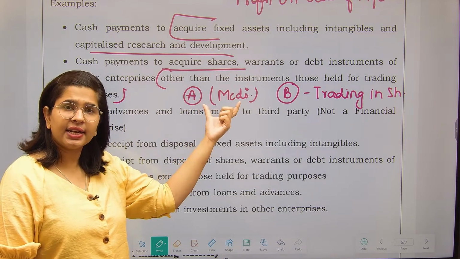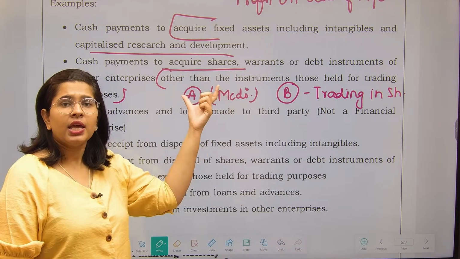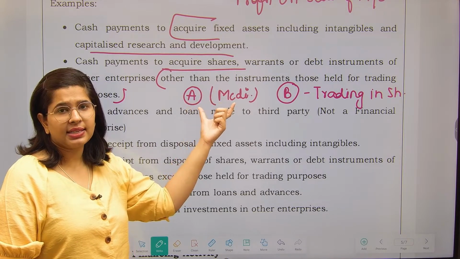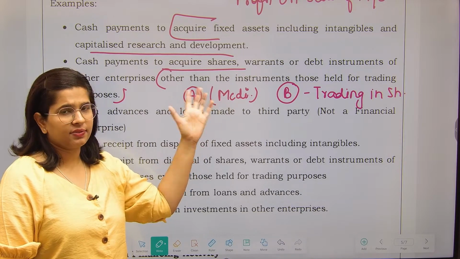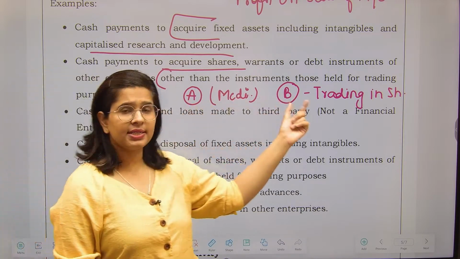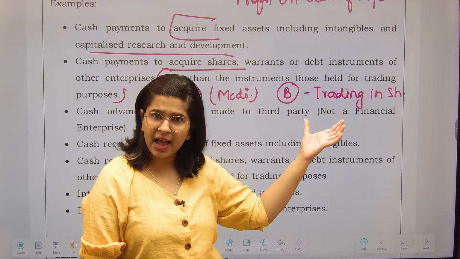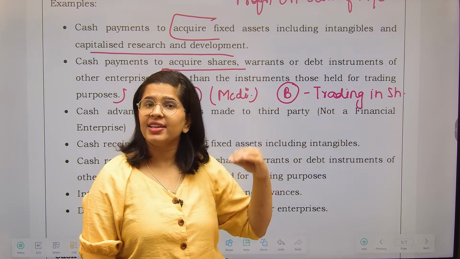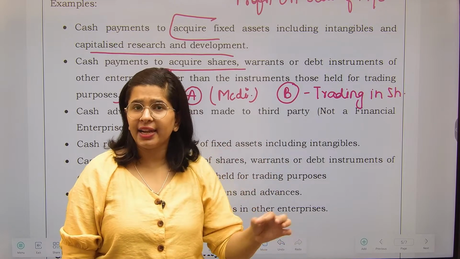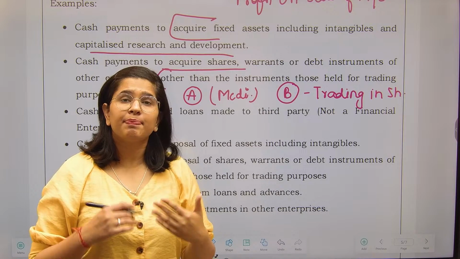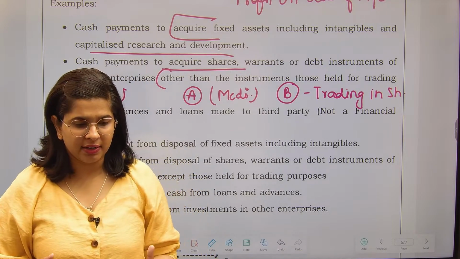Therefore, if this entity invests any amount in shares or debt instruments, that will be taken as an investing activity. ठीक? But this entity which is involved in the trading of shares and like that, for this, investment in shares or debt instruments will be its operating activity because its business is doing trading only.